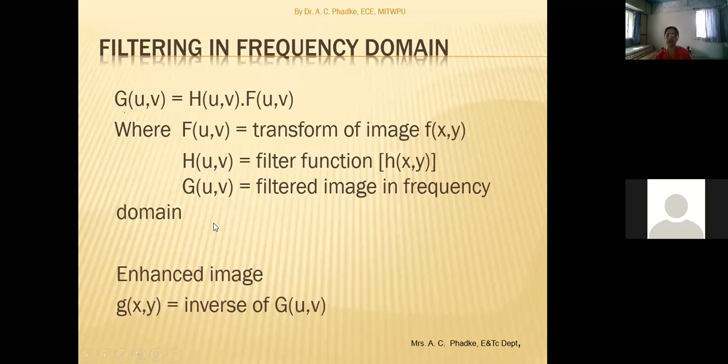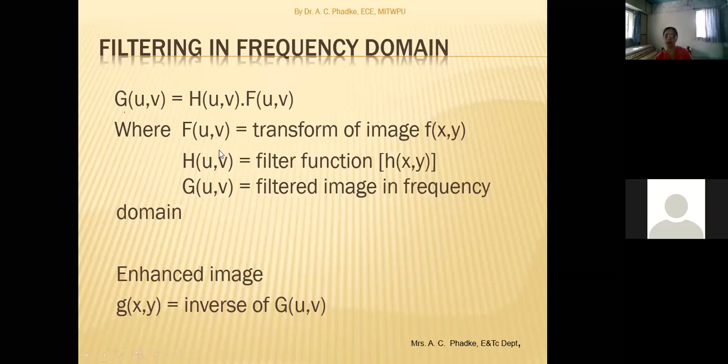According to the desired enhancement operation, we need to select the appropriate filter function. So we can have various types of filters according to the filter function H(u,v). Like we studied image smoothing and sharpening filters, we can have similar filters in frequency domain. We can have low pass filters for blurring the image, or for noise removal.